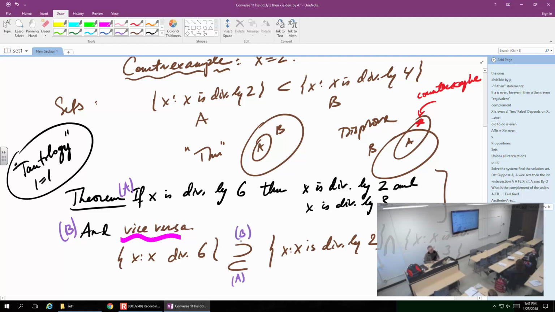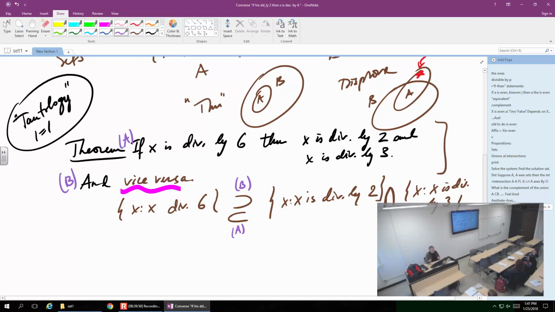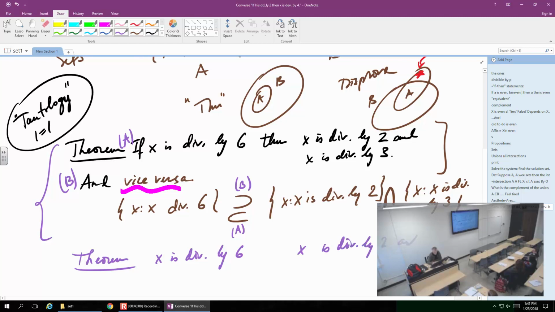So two separate theorems, but if I want to put them together, how do you put it in one statement? X is divisible by 6, if and only if it is divisible by 2 and by 3. We say if and only if.